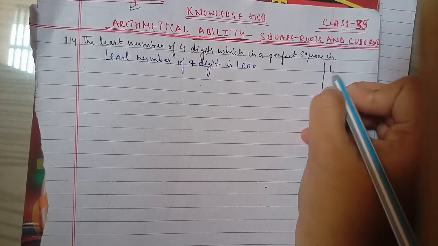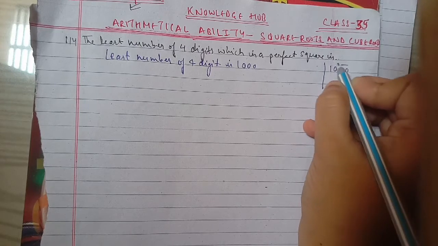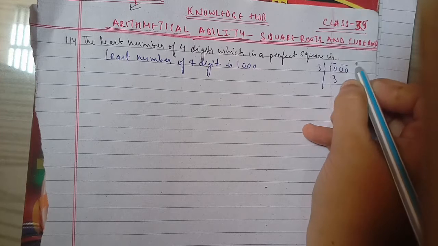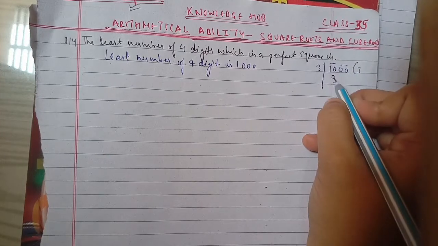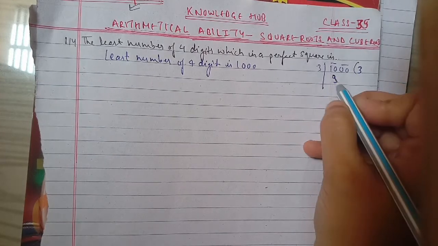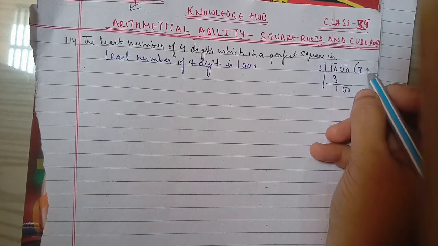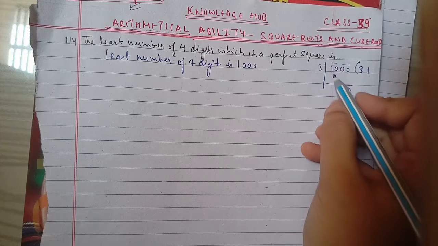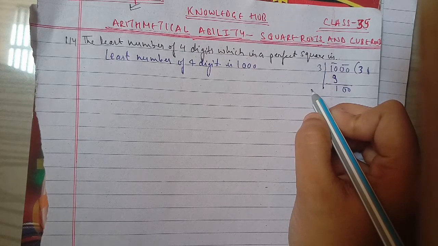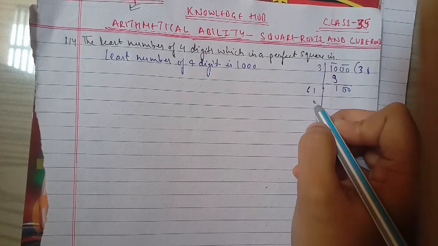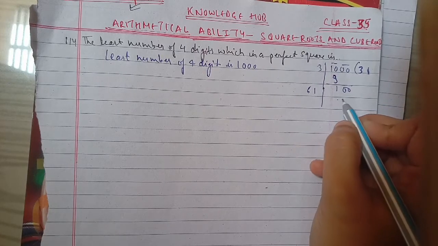So here 3 3s are 9, then we have 1, we take 0 more, then of course it is 3, 3 plus 3 is 6, plus we have taken 1, so it is 61, we'll take 61 and find it out as 39.